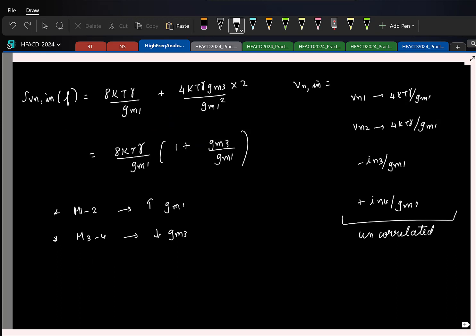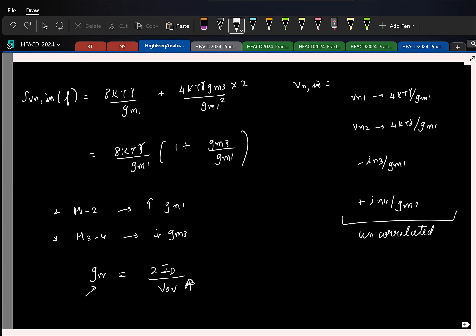Now for a given current, if I reduce GM3, what changes? We are not changing size, though you could reduce size also. GM is 2 times the current over the overdrive voltage. So if GM reduces for a given drain current, it boils down to the overdrive increasing.